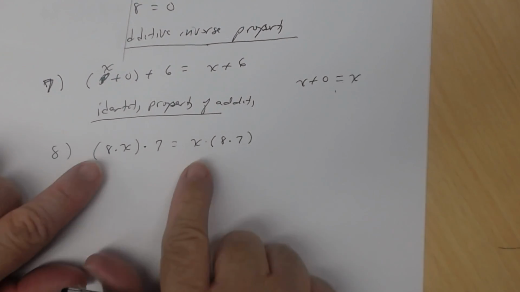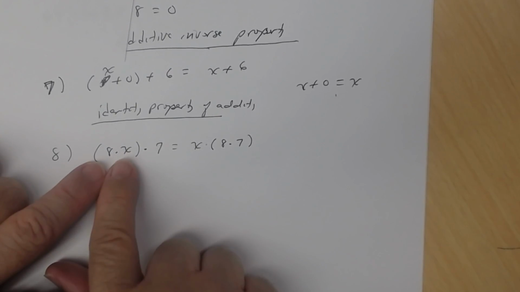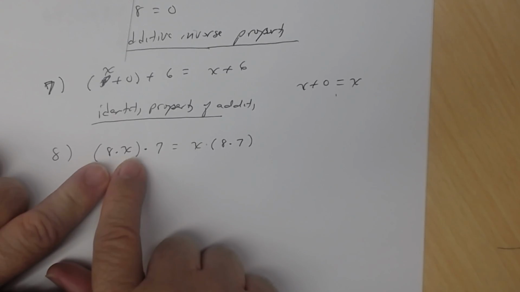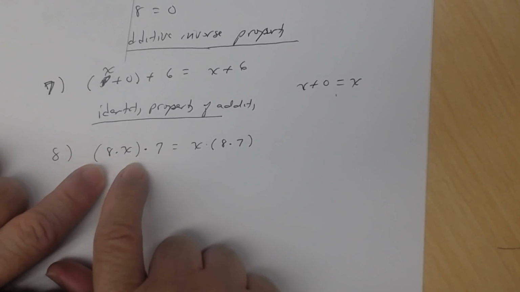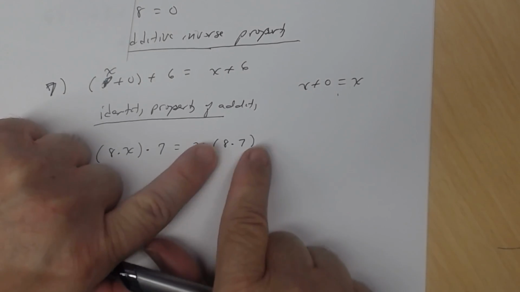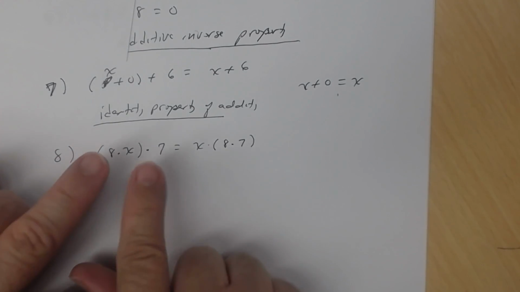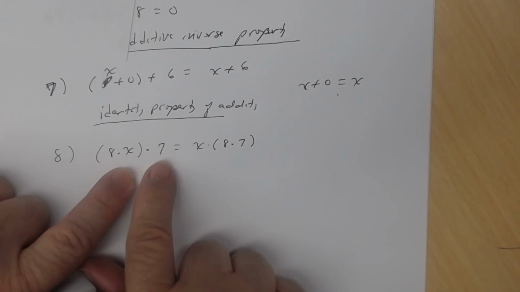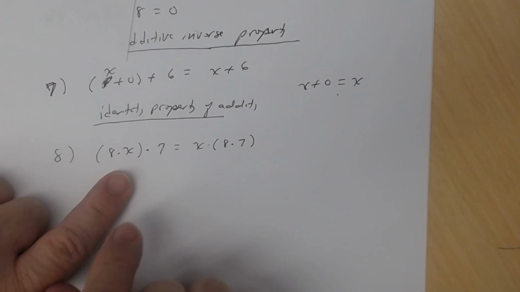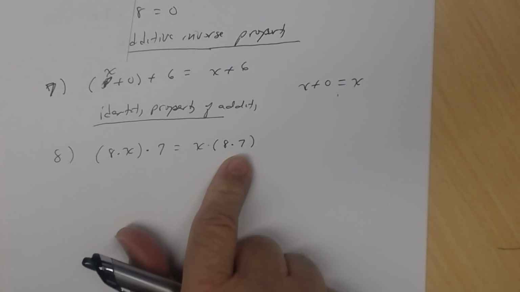Notice that here I'm grouping the first two factors, and over here I'm grouping the last two. But it doesn't seem to be in the same order, because that's 8x7 and that's x87.